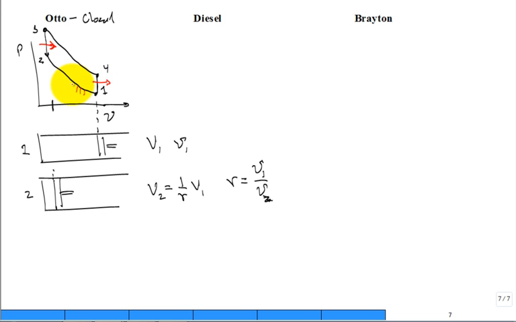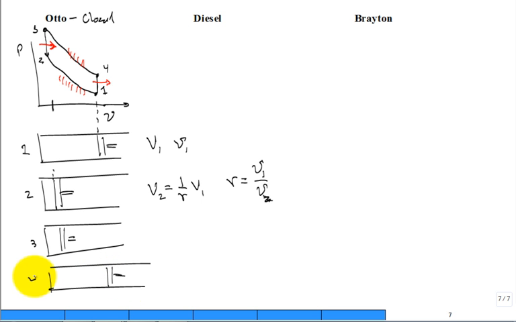The compression and expansion are adiabatic. Sometimes we draw them with a dashed line like that to indicate, hey, it's well insulated. There's no heat transfer from 1 to 2 or from 3 down to 4. So if you wanted to, you finish this out. You put the piston at state 3, but now it's hot. Why? Because between 2 and 3, at constant volume, it was heated. That's the highest temperature of the cycle. And then you expand it back out to state 4. Then you cool it at constant volume from 4 back to 1.